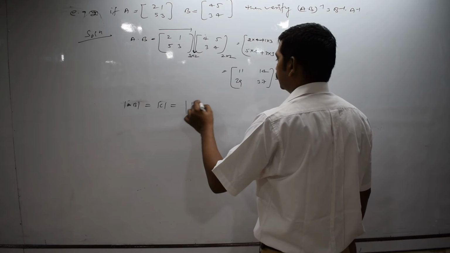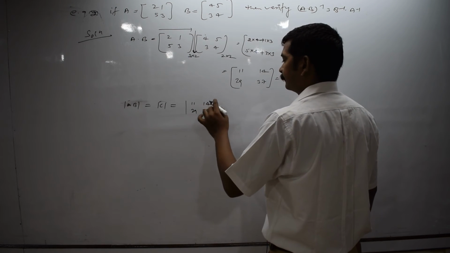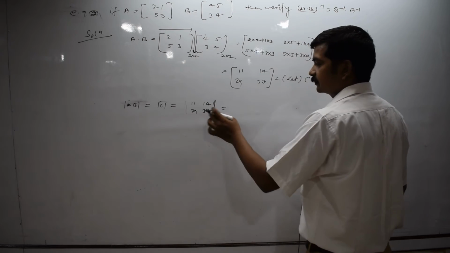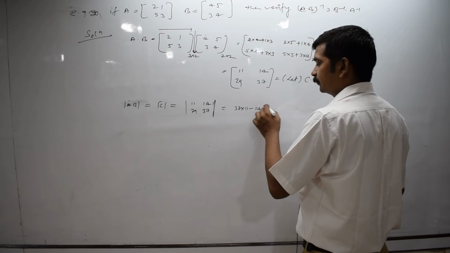So, this will be the matrix 11, 14, 29, 37. Solving, this will be 37 into 11 minus 14 into 29.